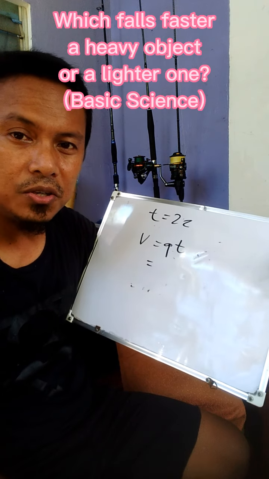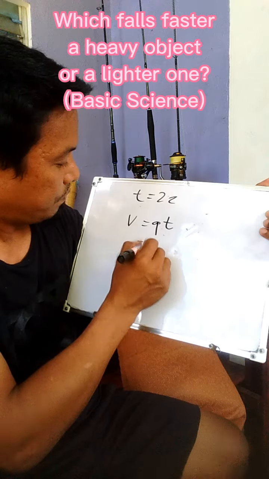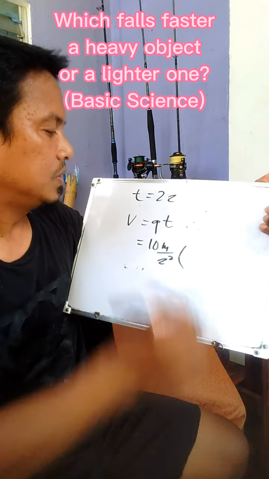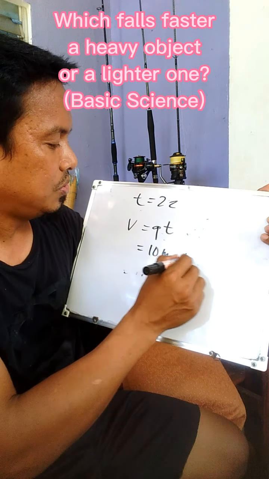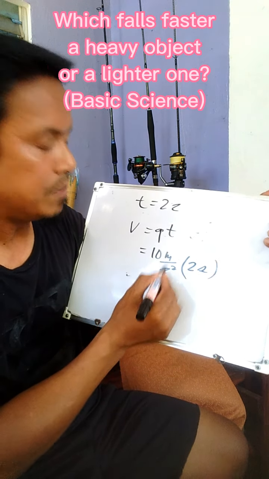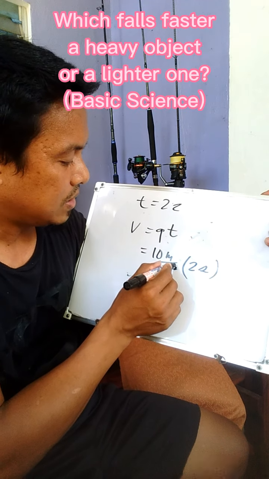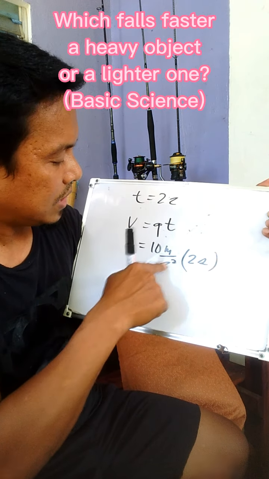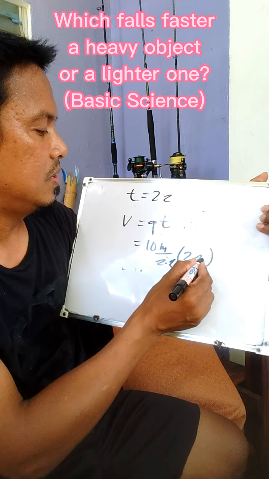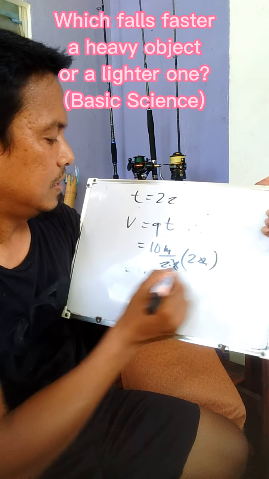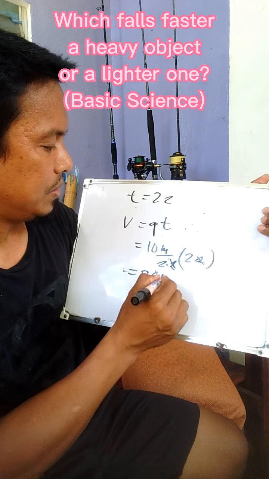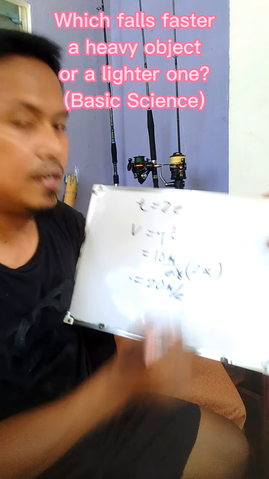The standard value of acceleration due to gravity is 10 meters per second squared. The time is 2 seconds, so substitute 2 seconds, then cancel. Second squared means second times second, so second over second is cancelled. So you have 10 times 2, 20 meters per second.